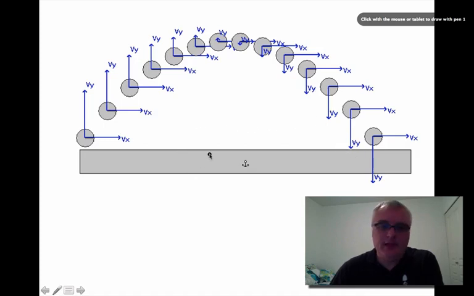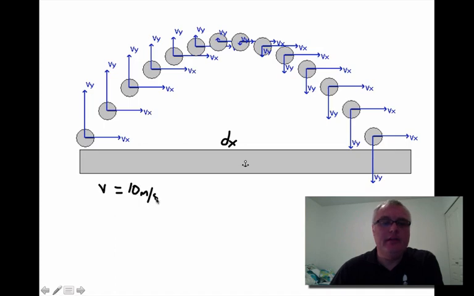So again, we want to find the horizontal displacement or the range. How far does it travel in the x direction? So let's assume that it starts off traveling with an initial speed of 10 meters per second, and that's at an angle of, let's say, 53 degrees above horizontal.